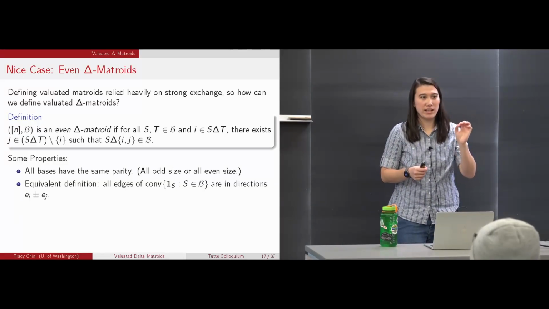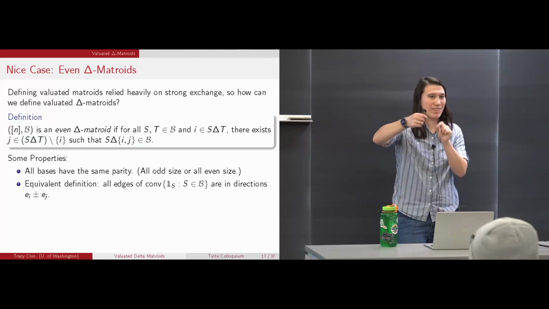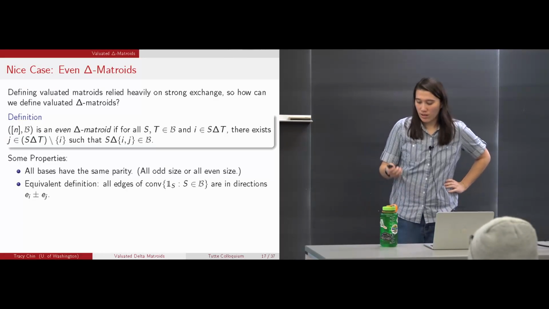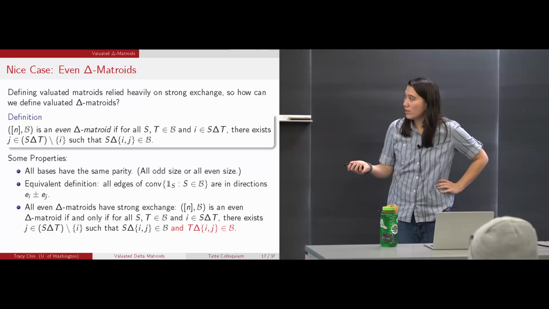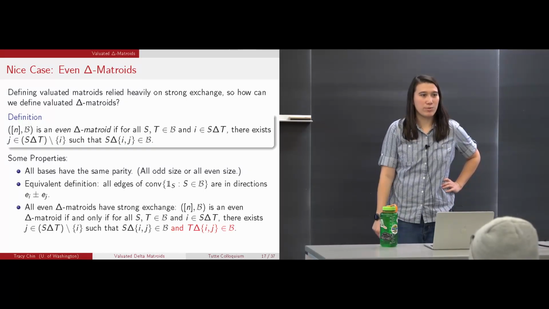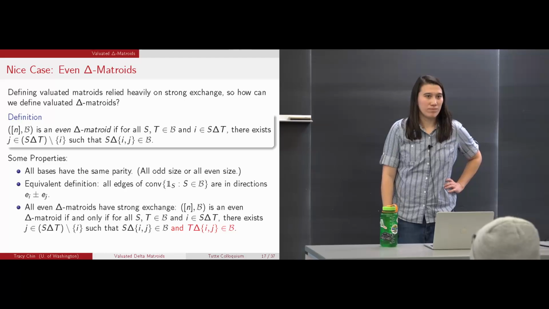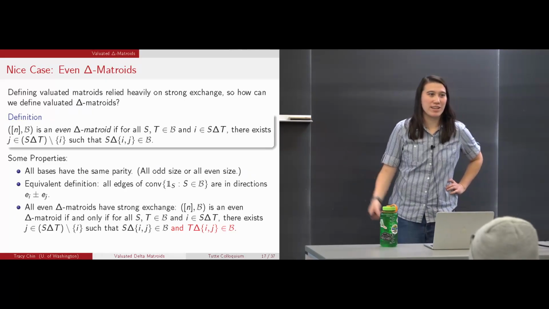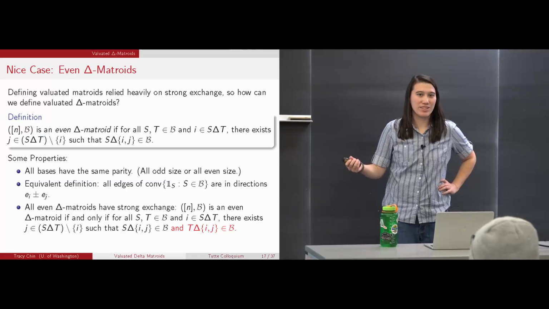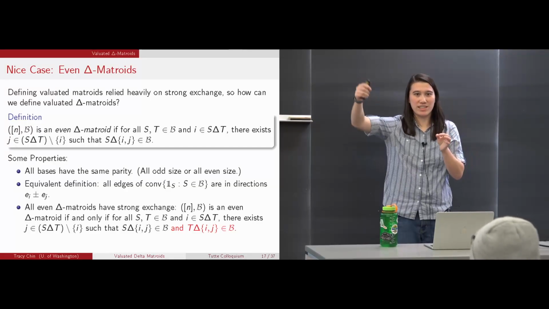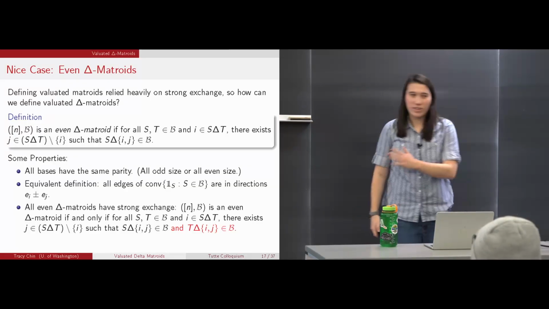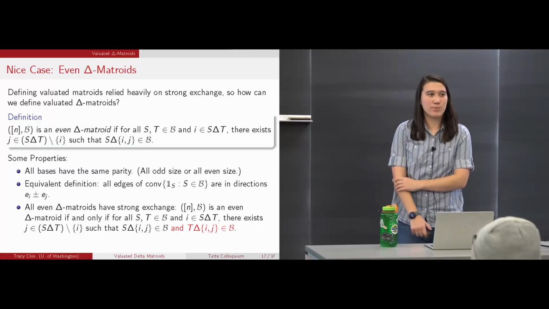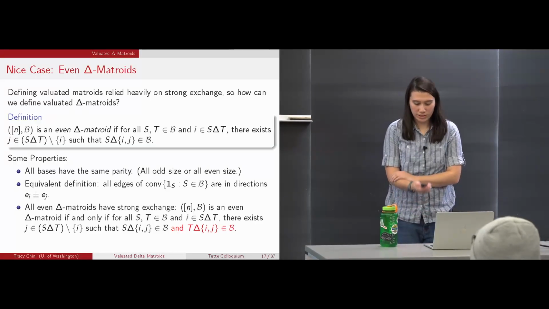We can no longer have these e_i edges because that would mean that the things on either end of that edge would have different parities. And perhaps least obvious of all, these now have the strong exchange property. So, this example I keep showing you of something that doesn't have strong exchange is obviously not even, because it has both the empty set and {1, 2, 3}. It turns out, not at all obvious, that even delta matroids do have this strong exchange property.